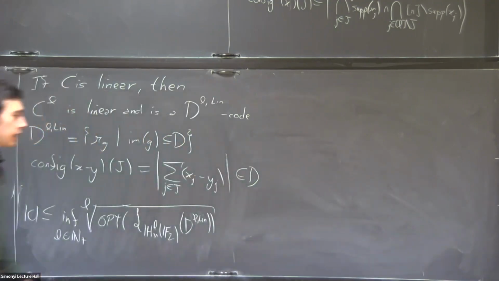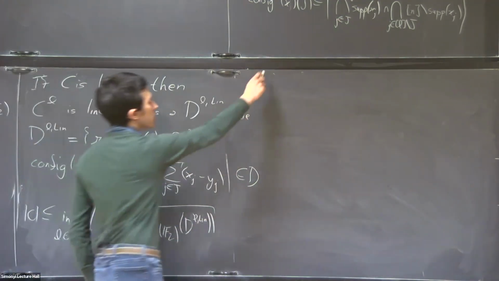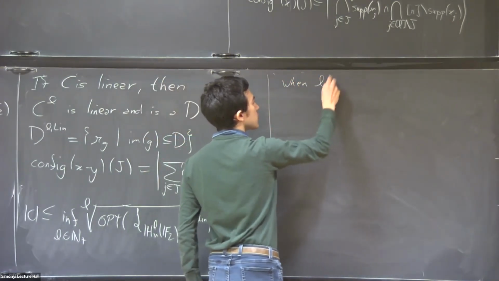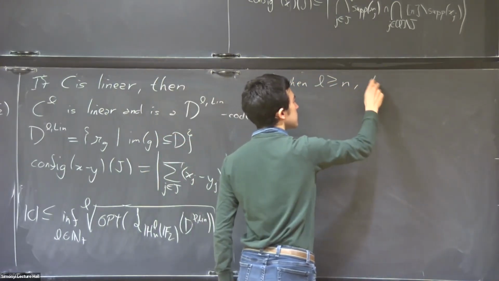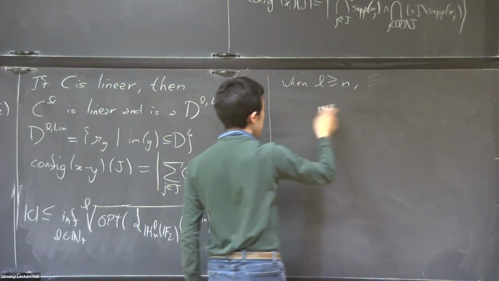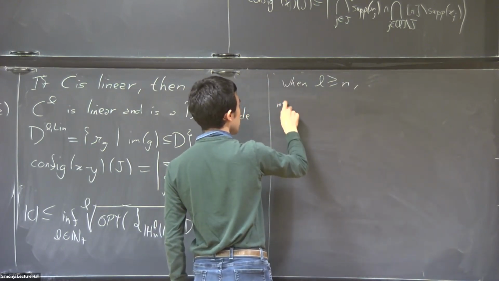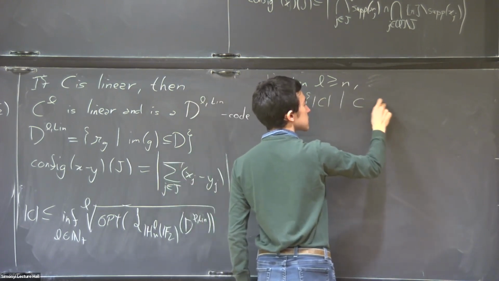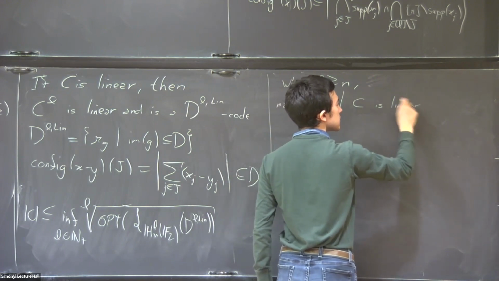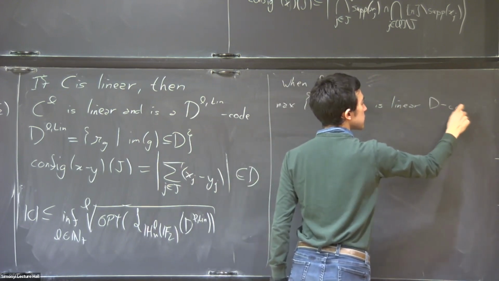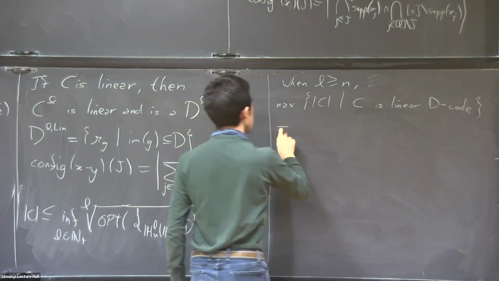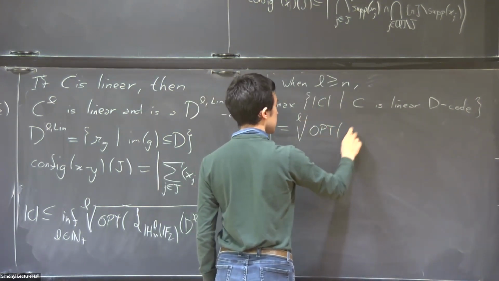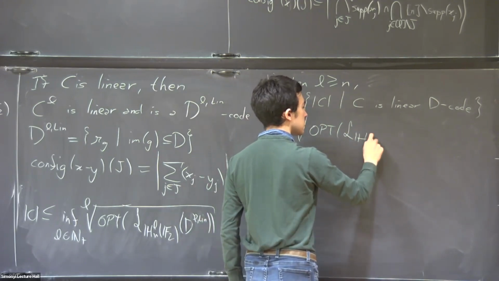And in the second part, what we're going to see is that when L is greater or equal than N, this is tight. Well, what I mean is that the optimum value, max of C such that C is a linear D code, is exactly equal to the L-th root of the optimum of the LP.